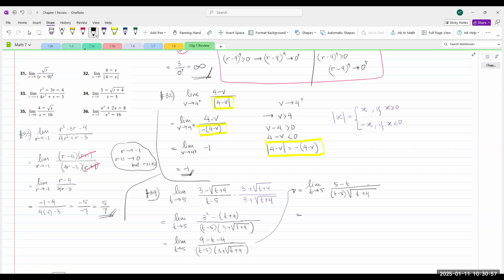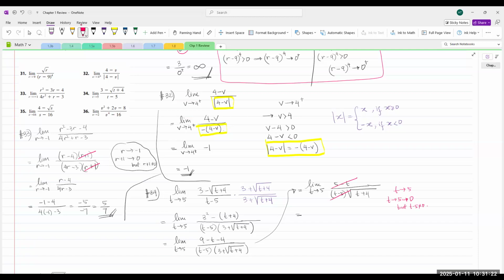Notice that t minus 5 and 5 minus t are opposites and not zeros, right? Because t approaching 5 means t minus 5 approaches 0 but does not equal 0.